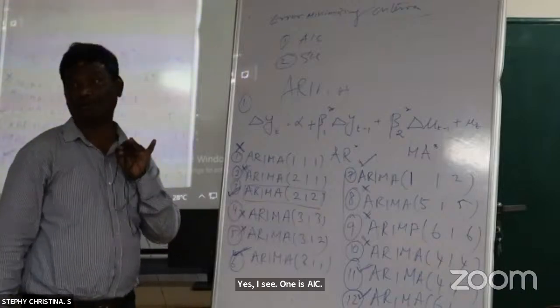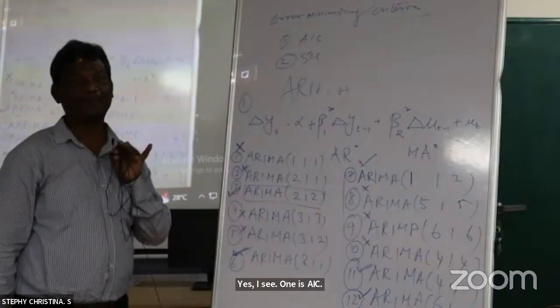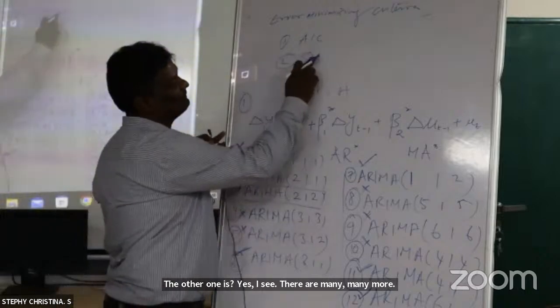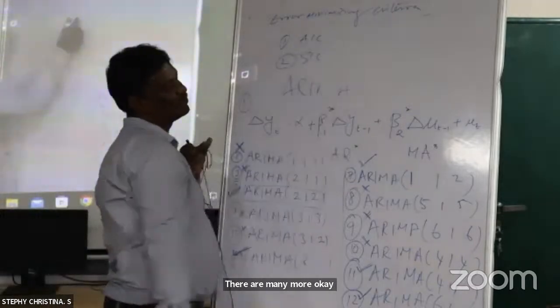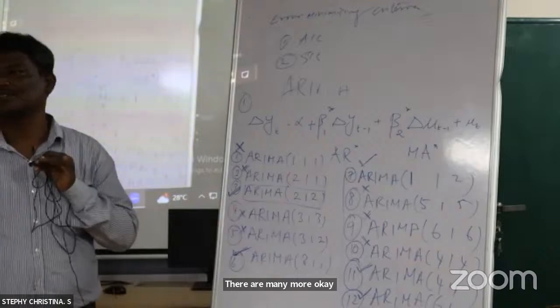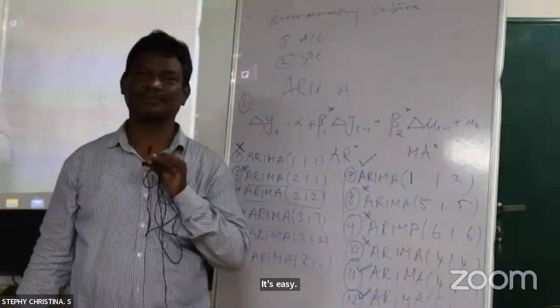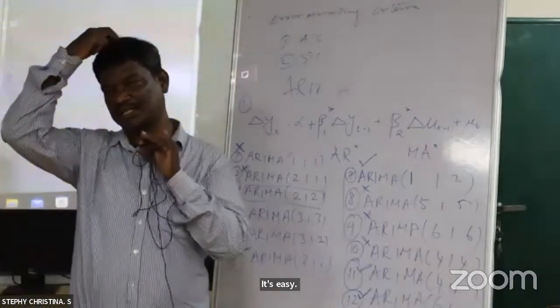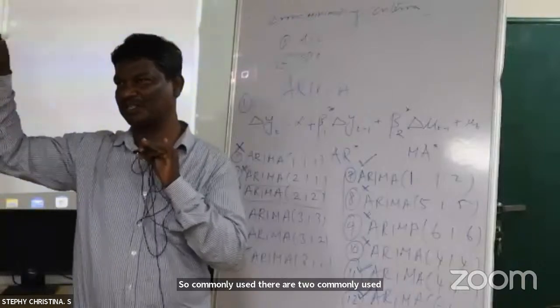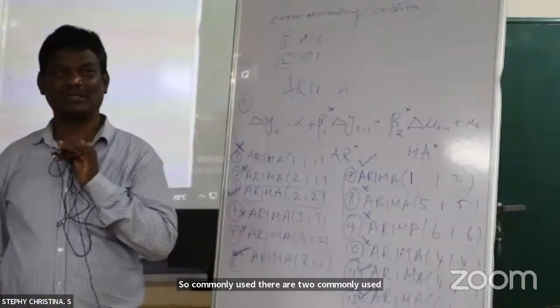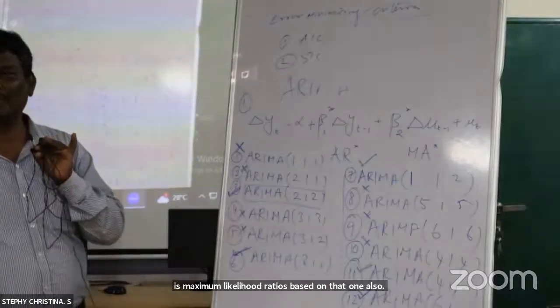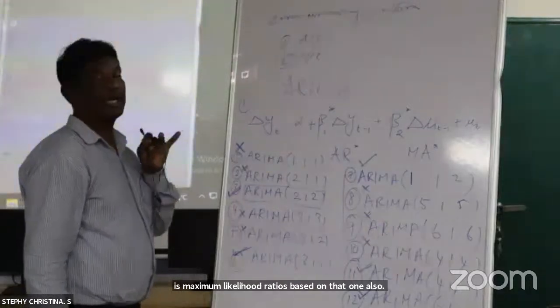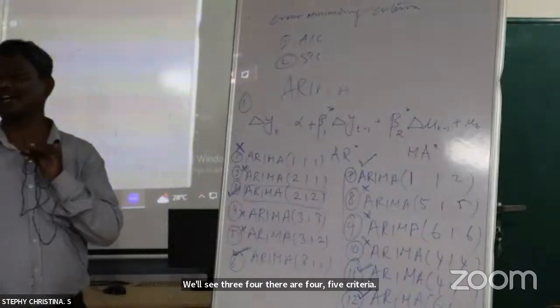There are many more. So commonly used, there are two. There is also maximum likelihood ratio based criteria. We'll see. There are 4, 5 criteria there. The widely used criteria are AIC and SIC.